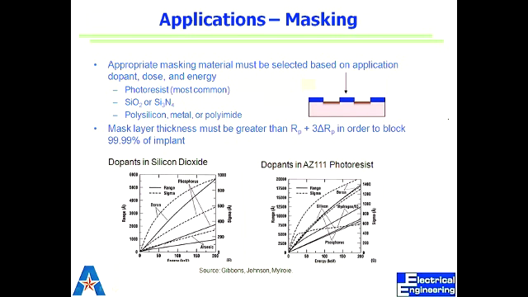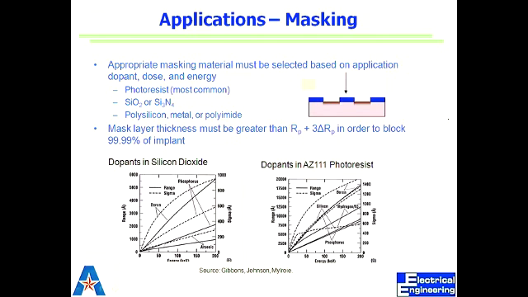So we can use oxide, nitride, photoresist, polysilicon, metal, polyimide, which is another polymer, to make our mask. And this tells us how deep dopants go in photoresist, and how deep dopants go in silicon dioxide, and what their spread, their sigma, is.